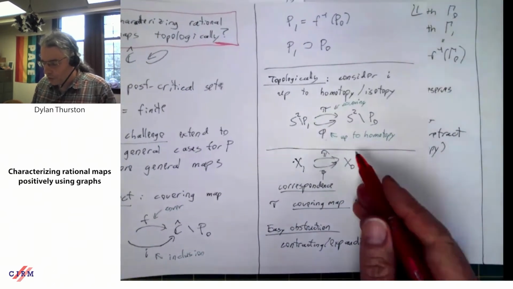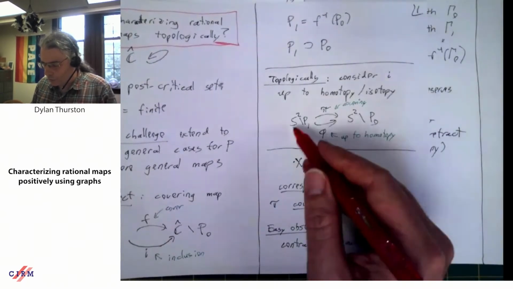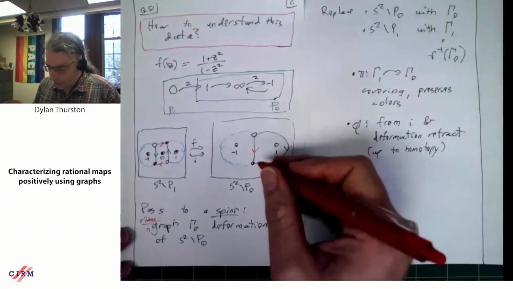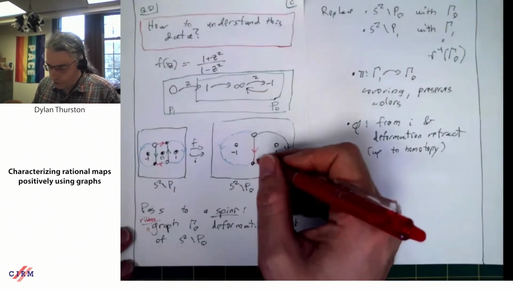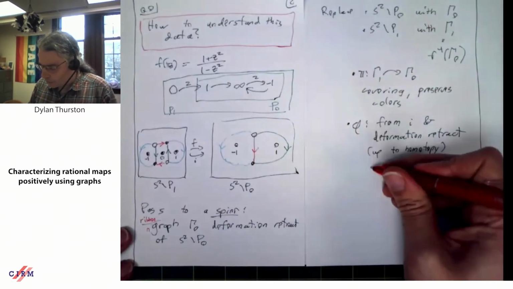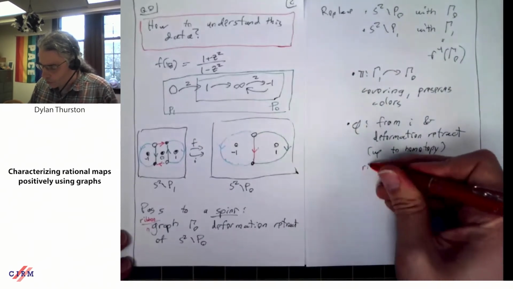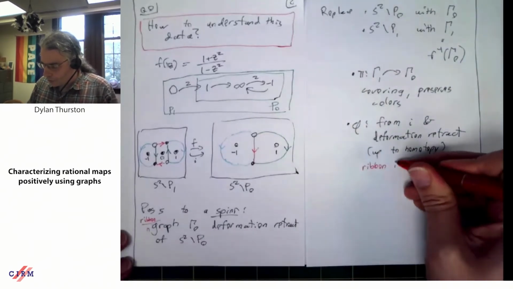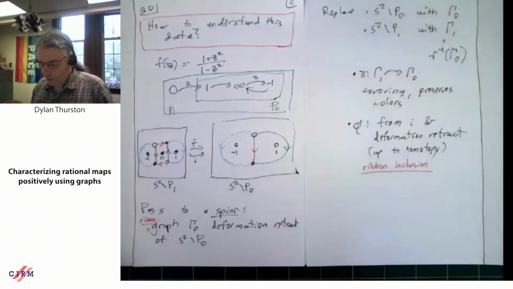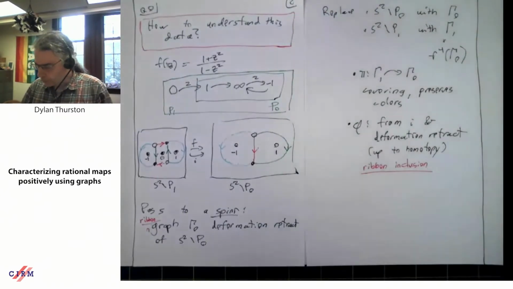So you do need some extra data about the peripheral structure, like the loops running around the punctures, or equivalently, some data about a ribbon graph, giving you a little thickening of this to a surface. So we need some extra data there, and this should be a ribbon inclusion. But this turns out not to actually matter for the criteria for whether or not it's rational.